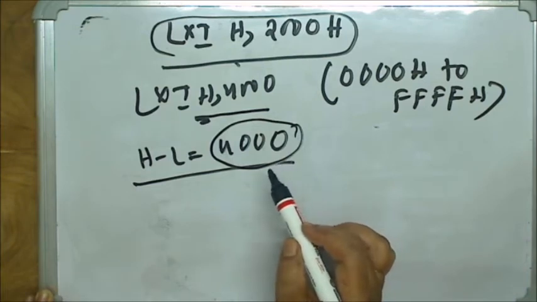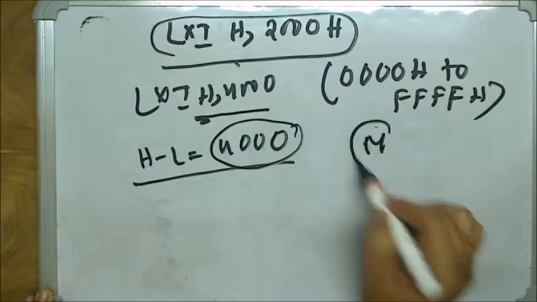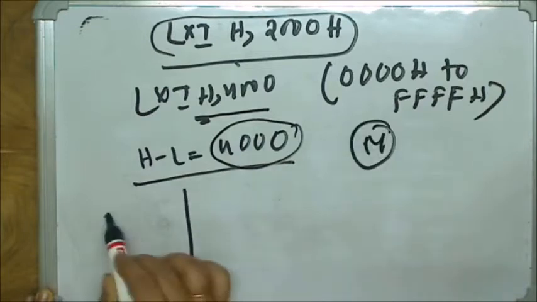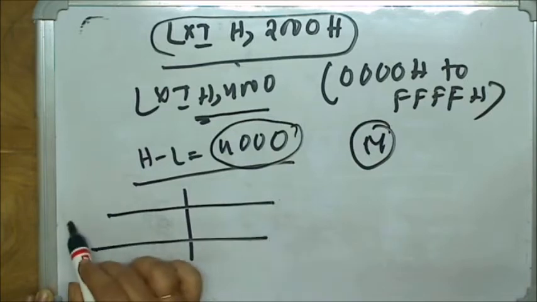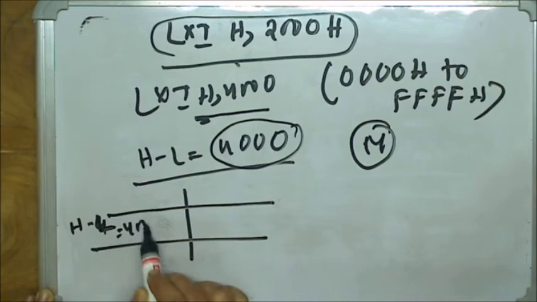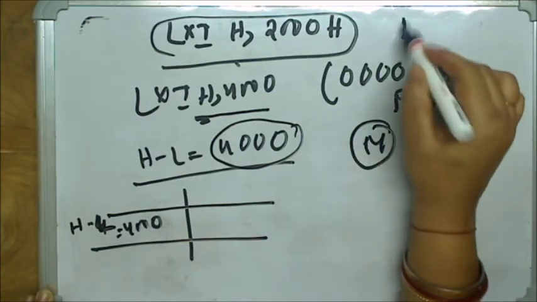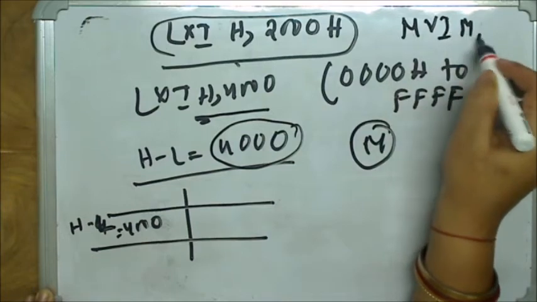Whenever in any instruction you write M, the processor will first go to the HL pair. Suppose the HL pair is initialized with 4000, and you write MVI M, 25H.